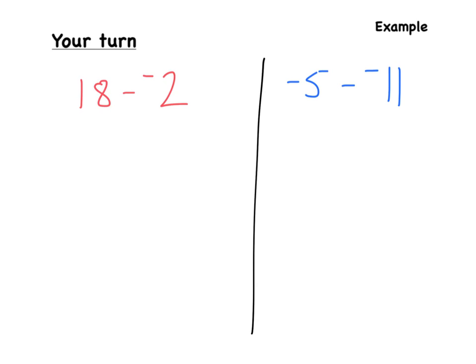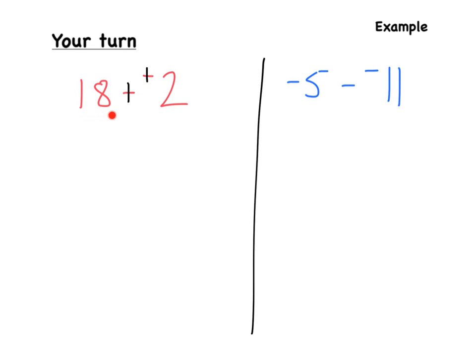Alright, so on the first one, we have 18 minus a negative 2. Remember, we always add the opposite when it comes to subtraction. So we're going to add the opposite. So this turns into 18 plus a positive 2.